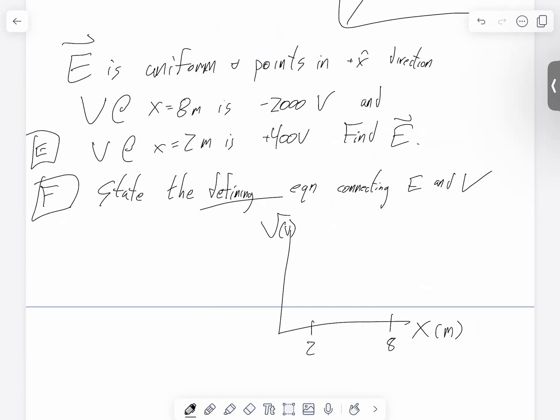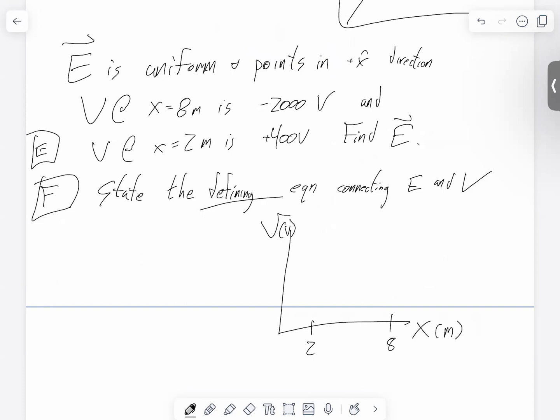There's one problem with F. Can you find it? There's another problem with F. Can you find it?